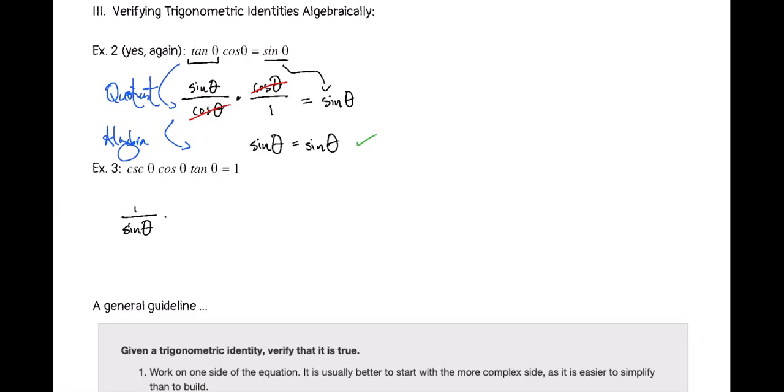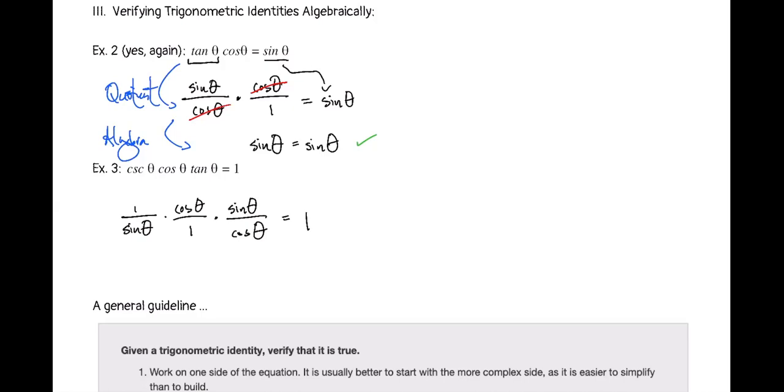Now, usually if it's already cosine or sine, I kind of leave it. So I'm gonna keep the cosine theta as cosine over 1. And then I am gonna use the same quotient identity to write tangent, sine theta over cosine theta. And I'm gonna be mathematically precise and write the other side as well.